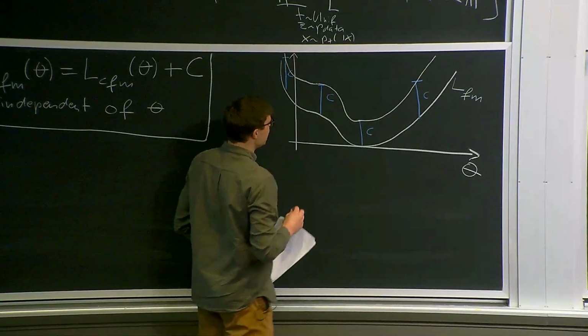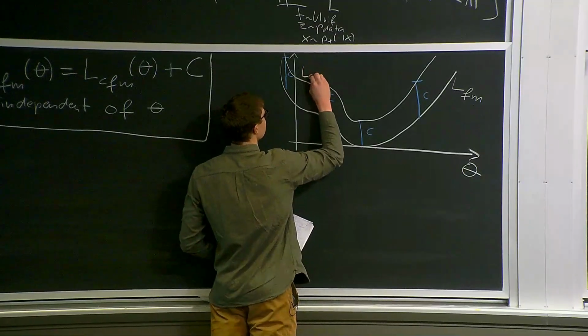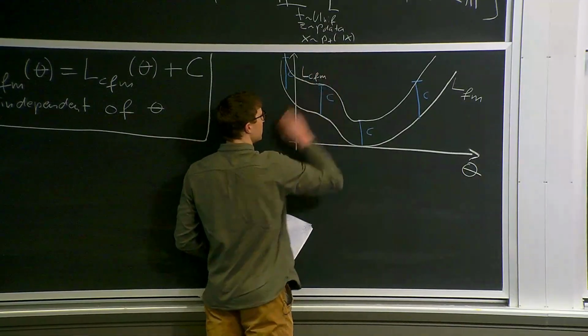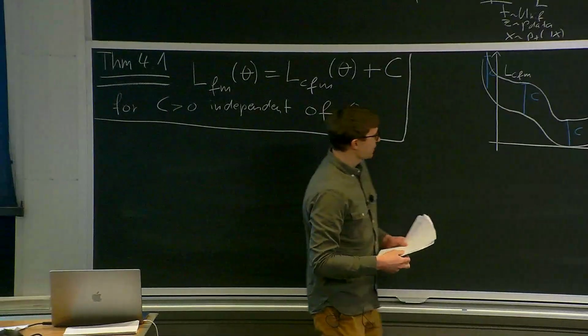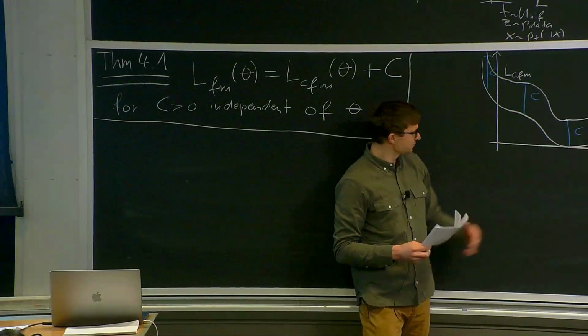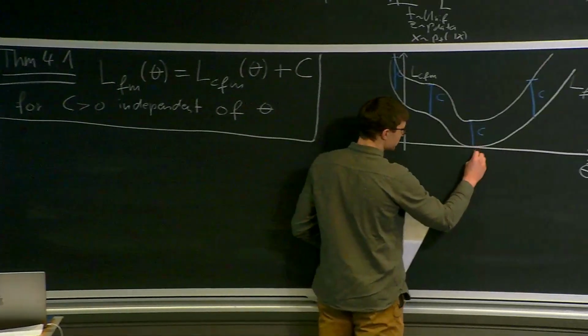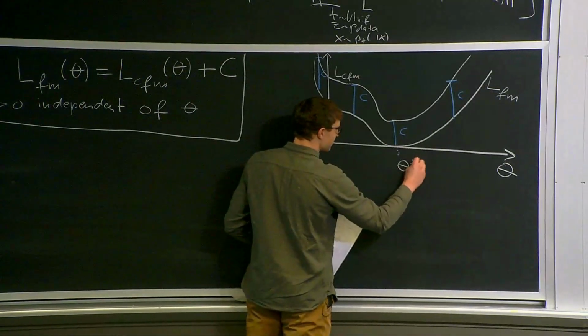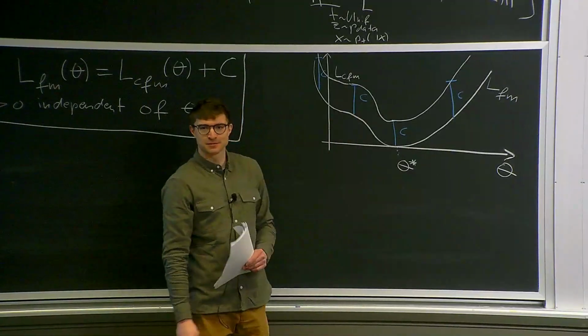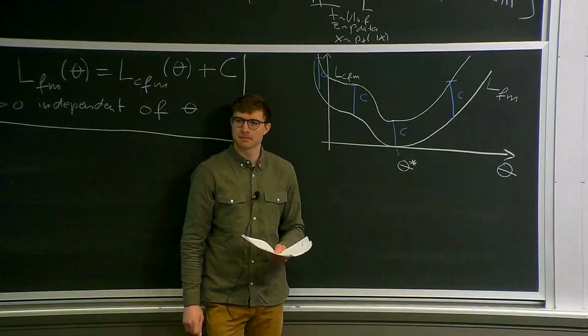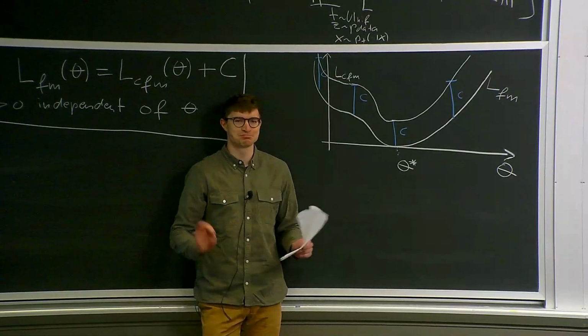All right, so we basically translated this object a bit up to achieve the conditional flow matching loss. So now, if this is the minimizer of this function, I'm going to call this theta star. What's the minimizer of this function? It's the same, right? The value is going to be different.